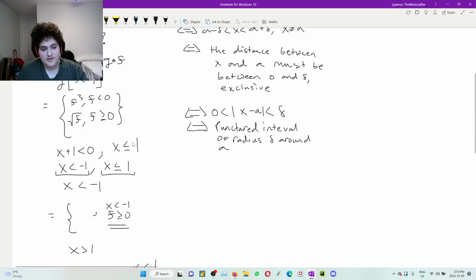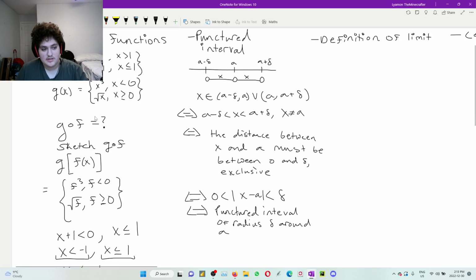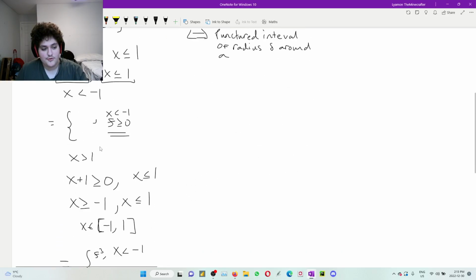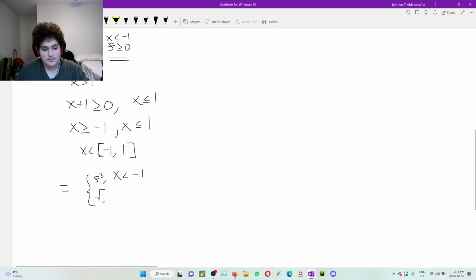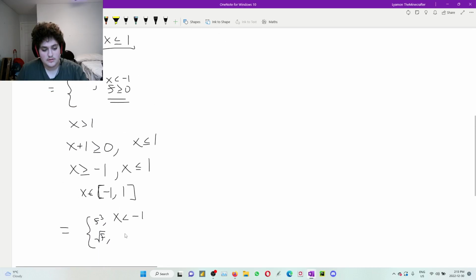And then f greater or equal to 0, we said is the same as, well, it's equal to root f when, negative 1 is less than or equal to x, which is less than or equal to 1.